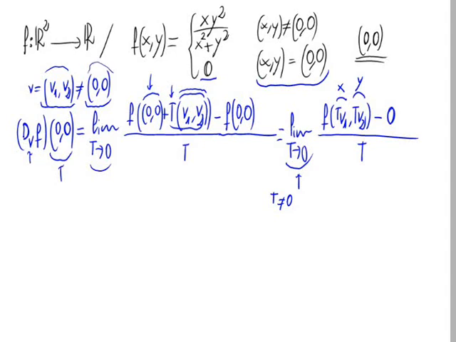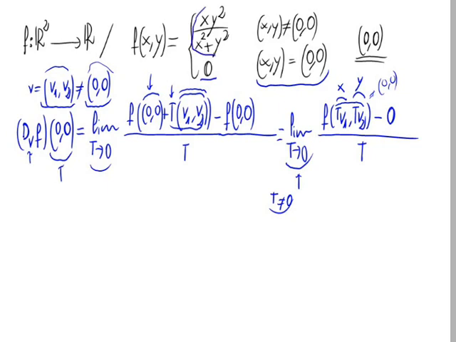If the vectors v1 and v2 were 0, 0, there would be no direction, so they have to be different from 0, 0. So this numerator, f of tv1 comma tv2, has to be different from 0, because t is not exactly 0 and v1 and v2 are different from 0.